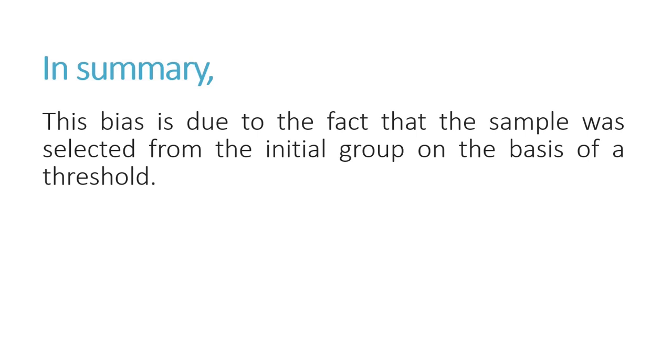So in summary, this bias is due to the fact that the sample was selected from the initial group on the basis of a threshold, as in our case, 1.1 gram per liter.